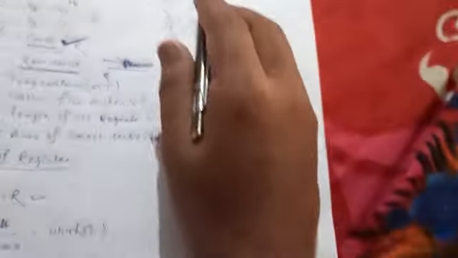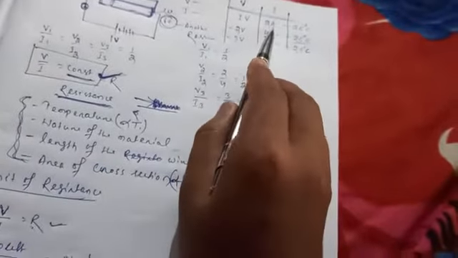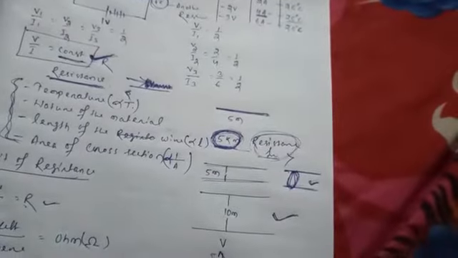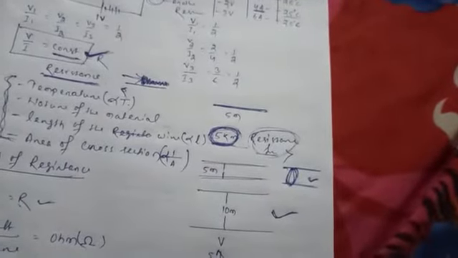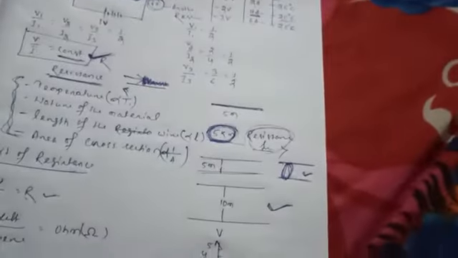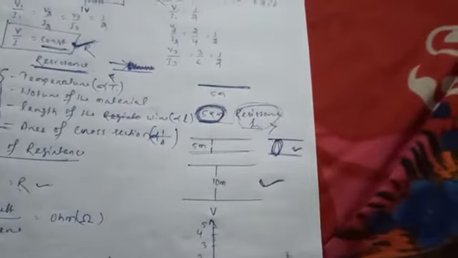At 1 volt it is 2 ampere. This is the plot. Then at 2 volt it is 4 ampere. Similarly, at 3 volt it is 6 ampere.